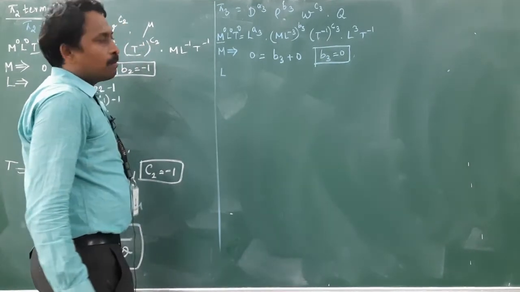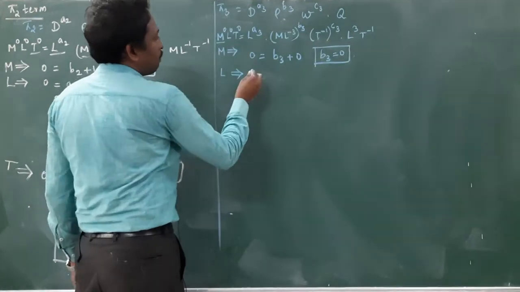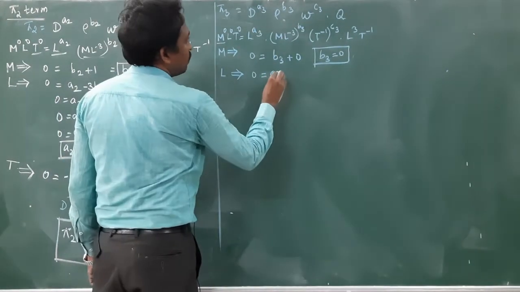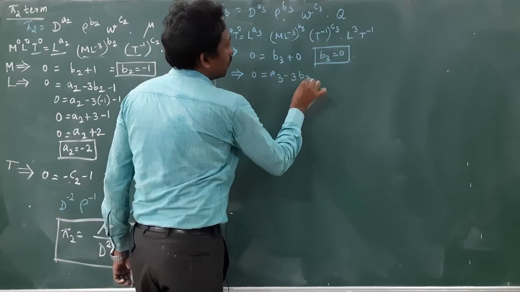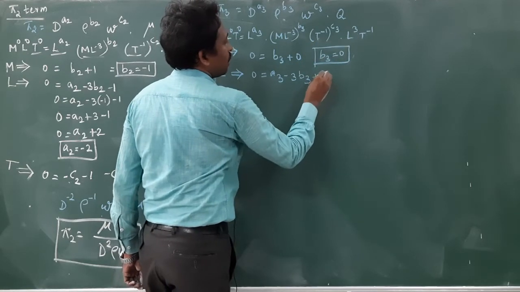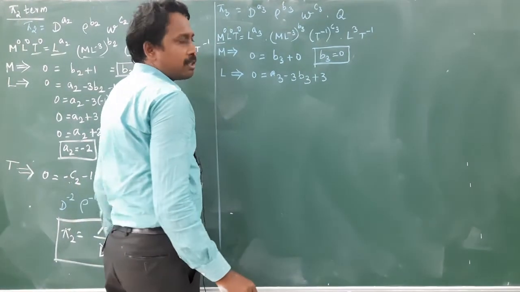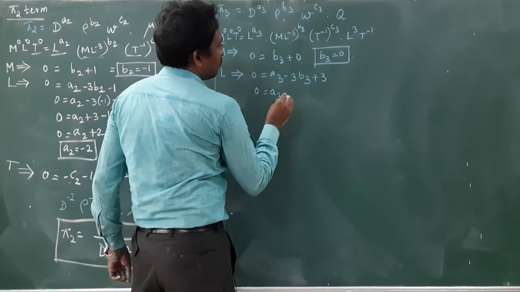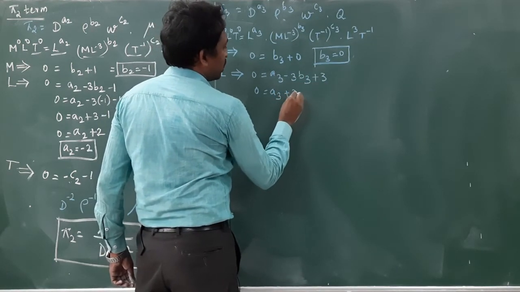Next, find out the power of L. Left side L power is 0, which is equal to, here L power is A3, here L power is minus 3 B3, and here there is power of L, that is plus 3. Already we know the value for B3, which is 0, so A3 minus 3 into 0 is 0, plus 3.